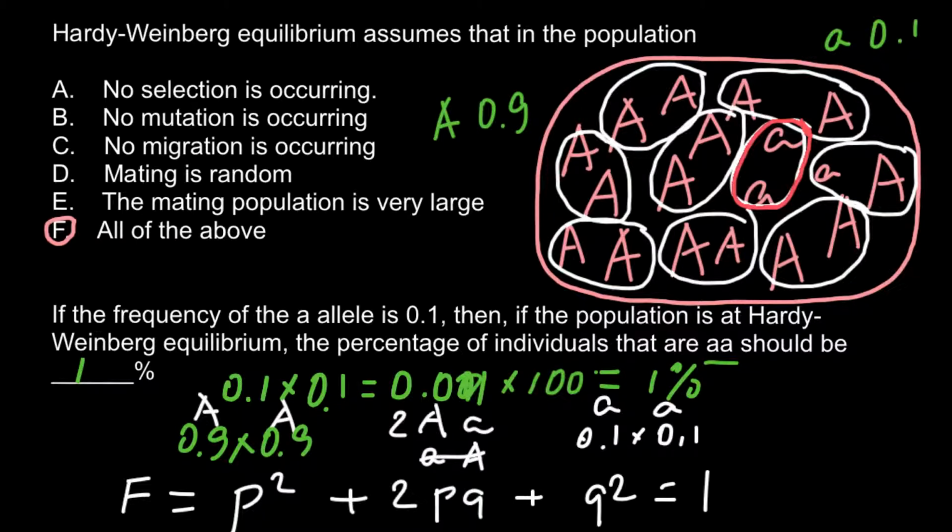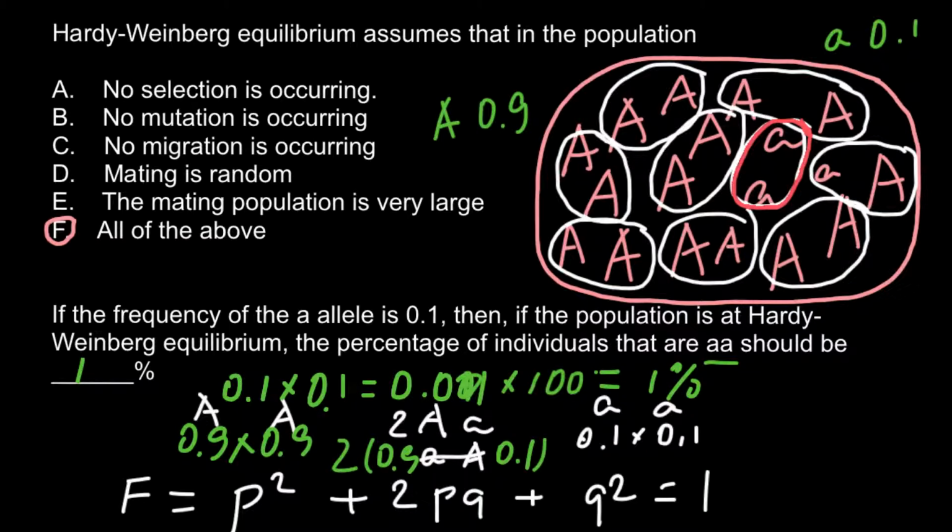And of course I don't have much place left. We just put the probability of capital A, which is 0.9, multiplied by the probability of small a, which is 0.1, and multiplied by 2.